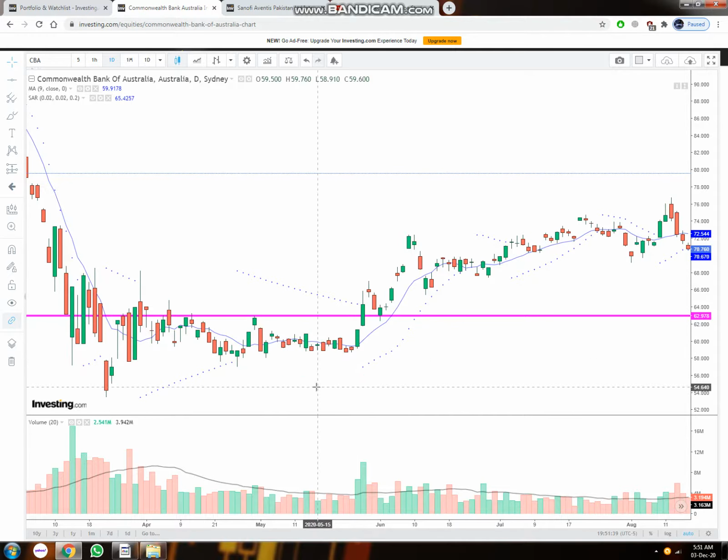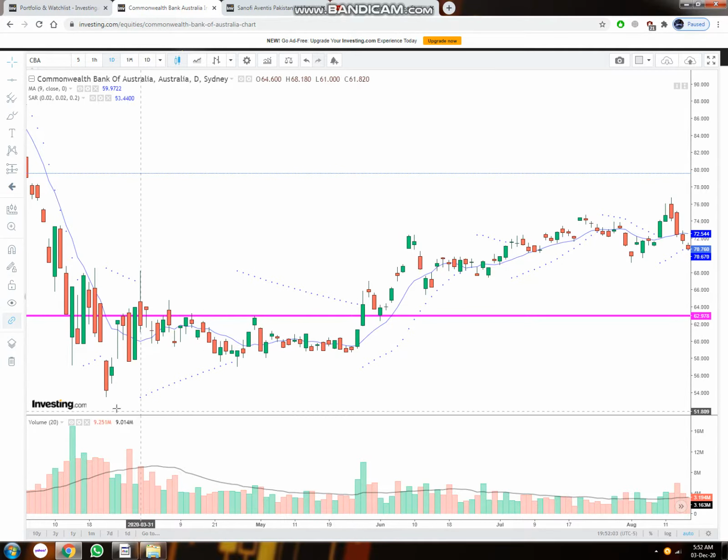You can see up and down, up and down, and you cannot predict where to invest and where to go ahead. If you want to invest in this stock, invest when it's at the lowest level. If it is at the upper level, or at an uptrend, then stay away from it.